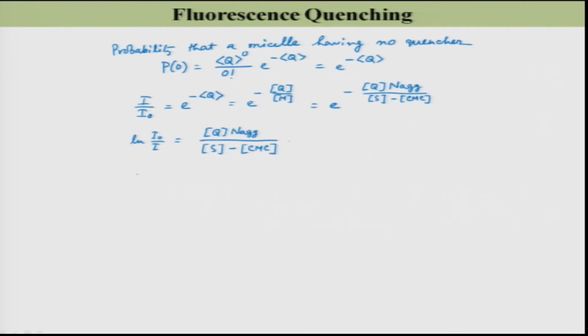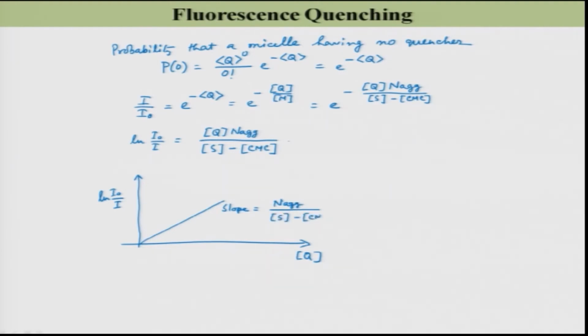Now, I can make a plot easily. I will plot ln I0 by I versus Q. These are measured quantities: I0 is the fluorescence intensity without quencher and I is with quencher. So, this should be a straight line passing through the origin, and the slope would be n aggregation divided by the concentration of the surfactant minus the CMC value.